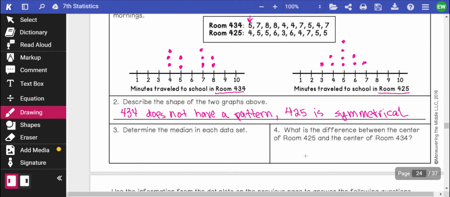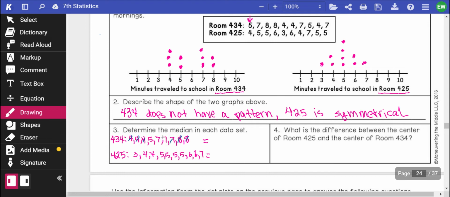Our next 2 questions: determine the median in each set. So you can write out your numbers and go in from the outside.